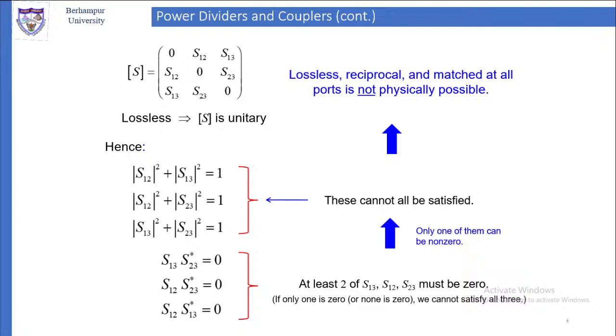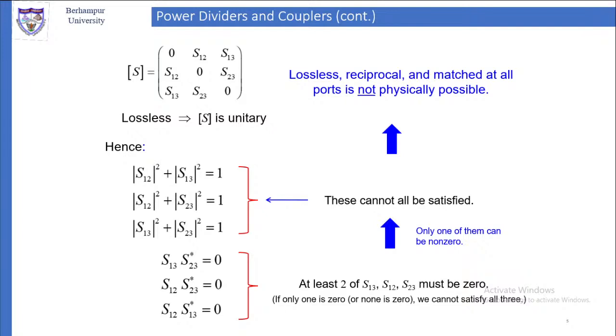Now if at least two of these have to be 0, then only one of them will be non-zero. If one of them is non-zero, then the condition of adding these squares of amplitude equal to 1 will not be satisfied. All three conditions of adding them will not be satisfied.